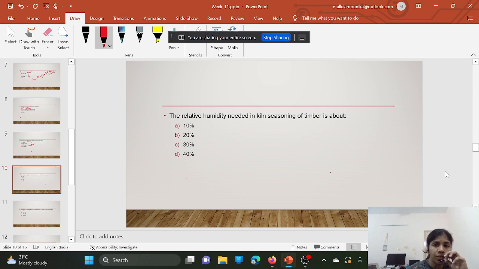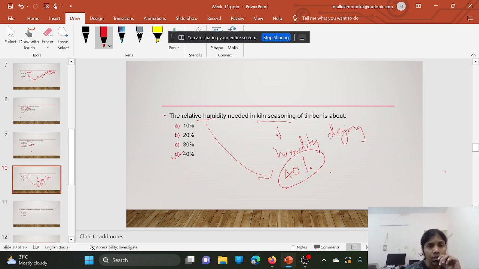Suppose if you are going for the kiln seasoning of timber, the mechanism we are adopting here is humidity drying. In this humidity drying, the relative humidity which we need to maintain is around 40% in case of the kiln seasoning of timber.